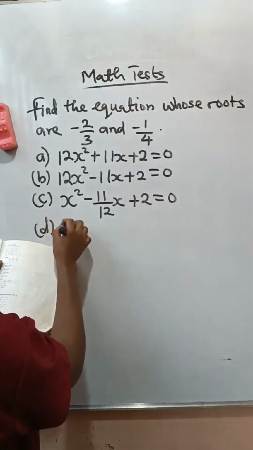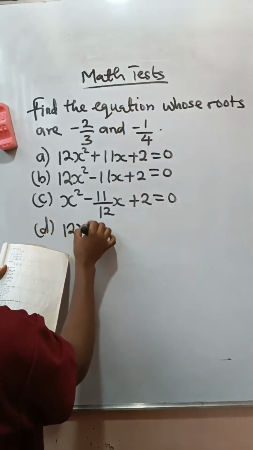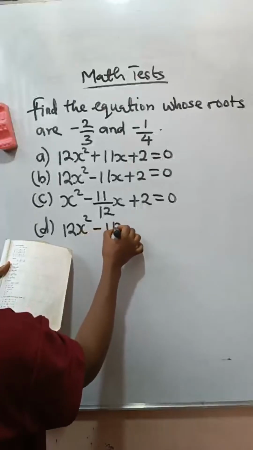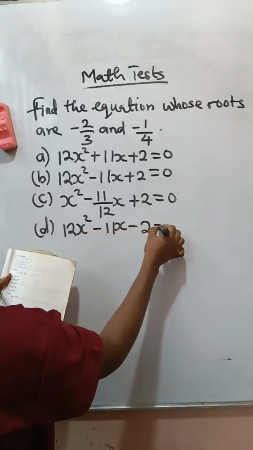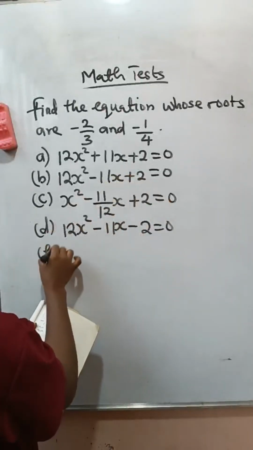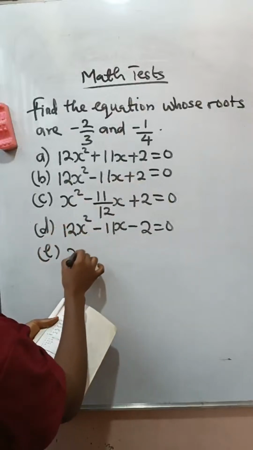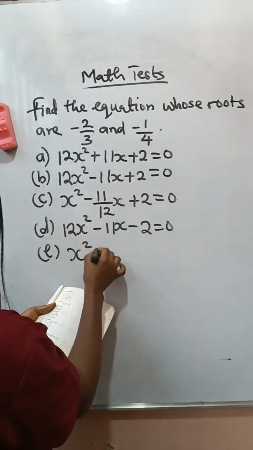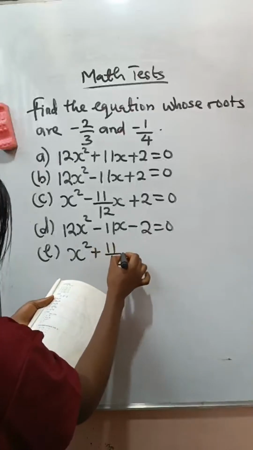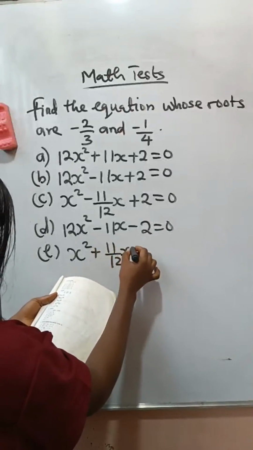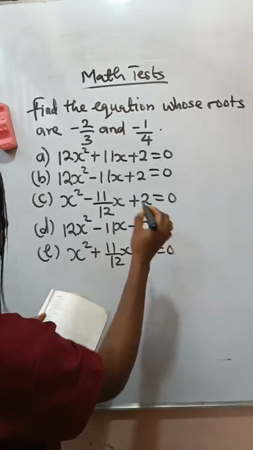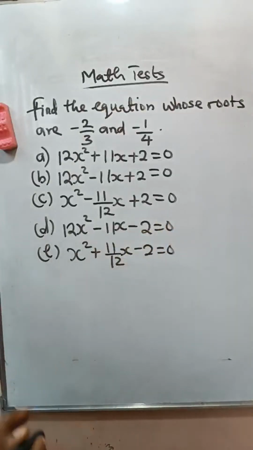Option D, 12x squared minus 11x minus 2 equals 0. Option E, x squared plus 11 over 12x minus 2 equals 0. So these are the options.